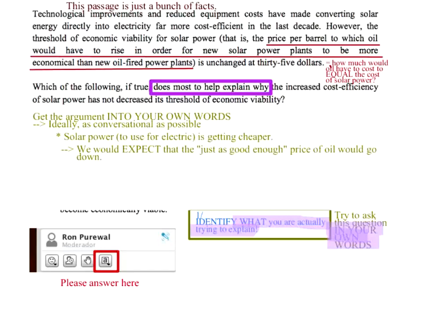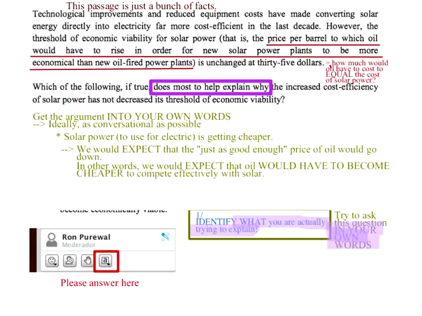In other words, we would expect that oil would have to become cheaper to compete effectively with solar. But that's not what the passage said.